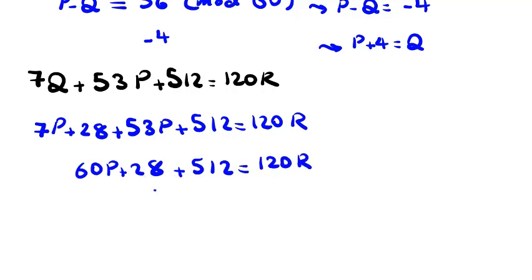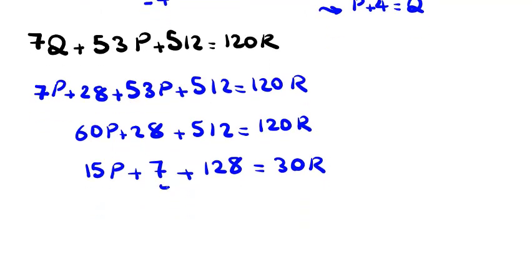Here all terms are multiples of 4, so it will be 15P plus 7 plus 128 equals 30R. 7 plus 128 is 135. And we can divide both sides by 5.